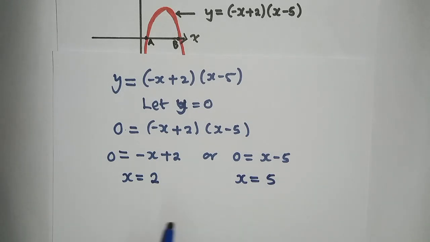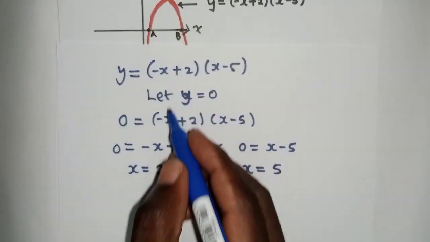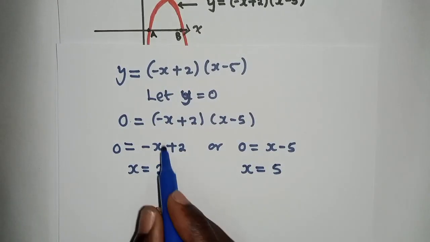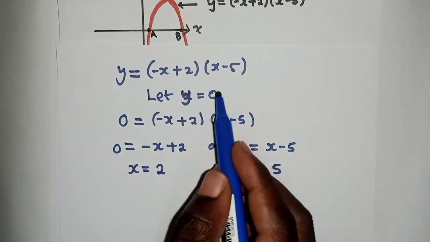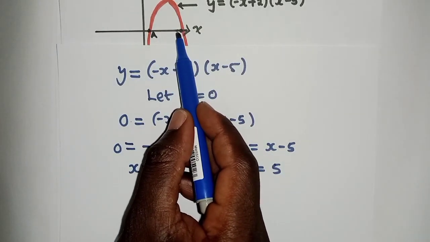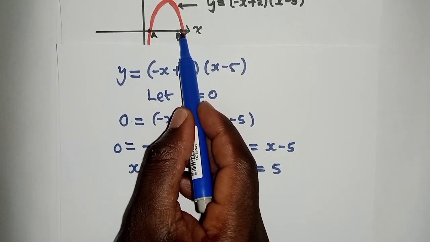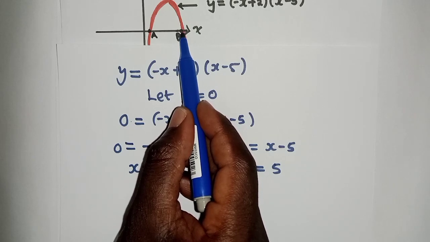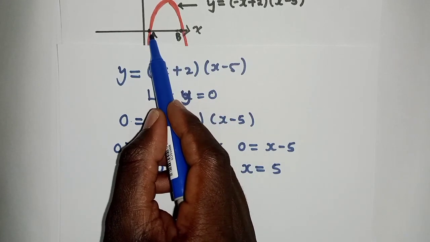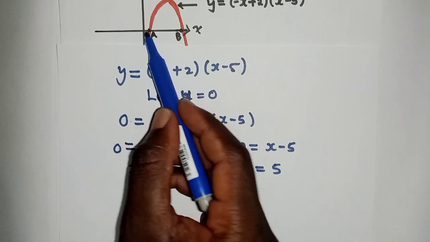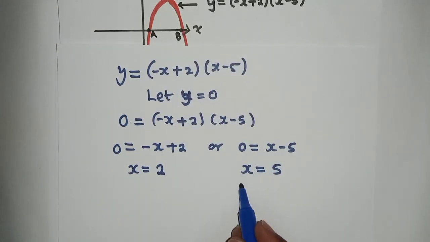So now, since our y is 0, for the coordinates here, B is the bigger number of x, and A is the smaller number of x. So in this case, we have these two numbers. Which one is big?